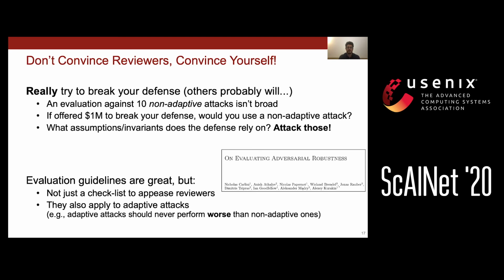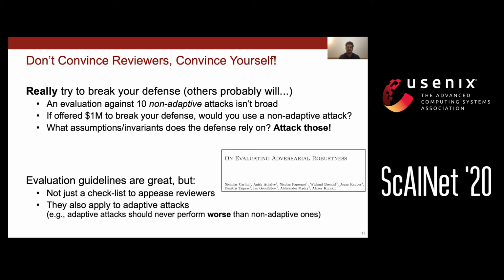It's also nice to see some standard evaluation guidelines being followed routinely by authors, that my co-authors actually wrote down last year. But this also shouldn't be taken as just a checklist to go through to appease reviewers. On top of that, it's also worth noting that these guidelines also apply to adaptive attacks.